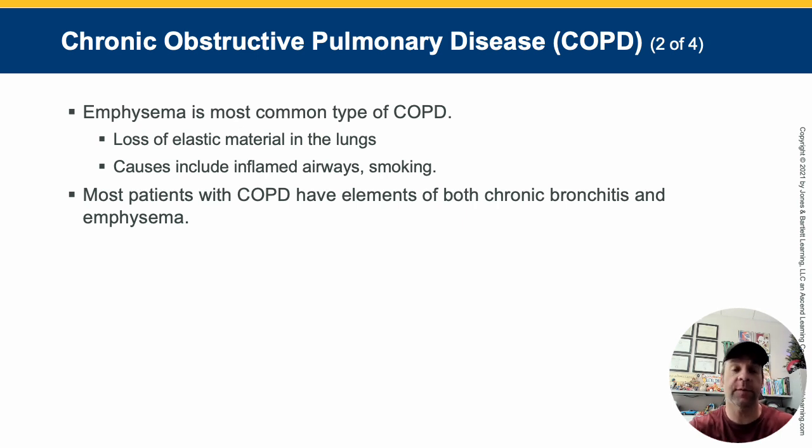Now, over time, both forms of COPD result in chronic hypoxia, and that places a big strain on the heart, particularly the right side of the heart. It can eventually lead to what's called cor pulmonale, or right-sided heart failure. What's important for us as EMTs is to understand that these patients have limited respiratory reserve.